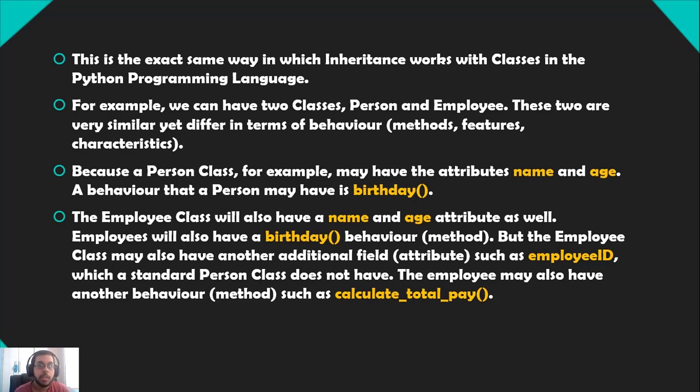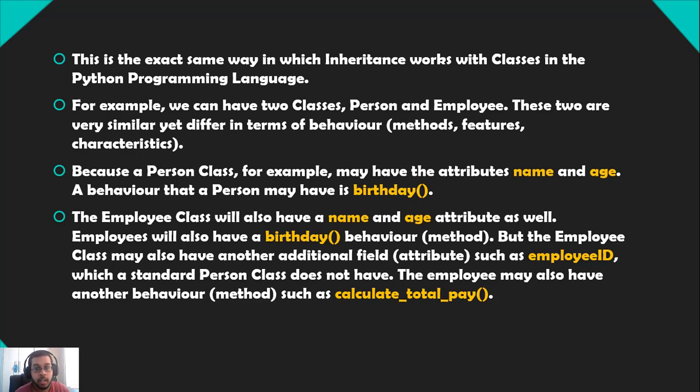For example, we can have two classes, person and employee. These two are very similar yet differ in terms of behavior, methods, features, characteristics. Because a person class, for example, may have the attributes name and age. A behavior that a person may have is birthday.